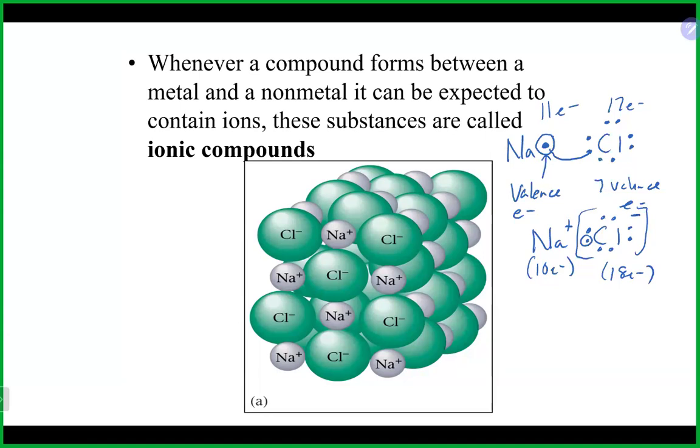So the size of a negative ion versus its neutral counterpart should be larger. When we look at sodium, sodium loses electrons. So from the neutral sodium to the one that lost an electron, its electron cloud shrinks because it gave away its electrons. So a positive ion typically is smaller than the neutral atom because it lost some of that electron cloud by giving away electrons. Any questions on that? Right.